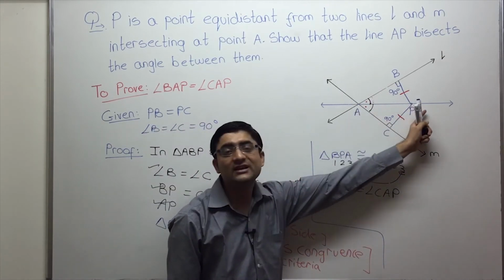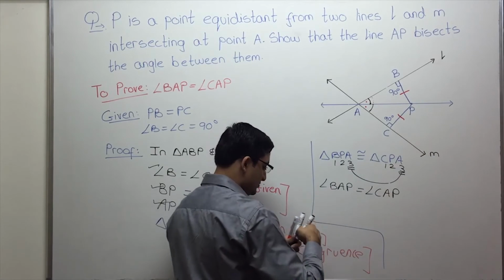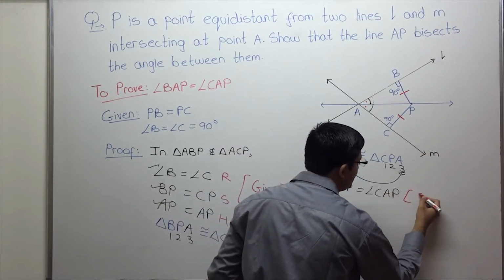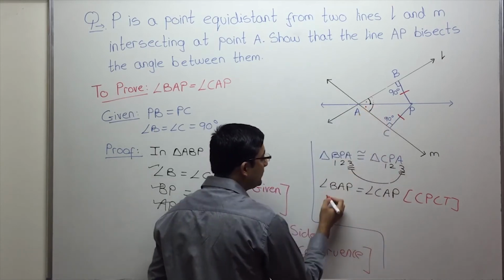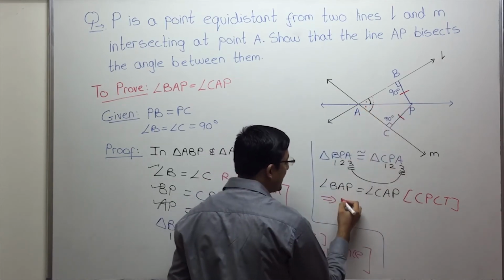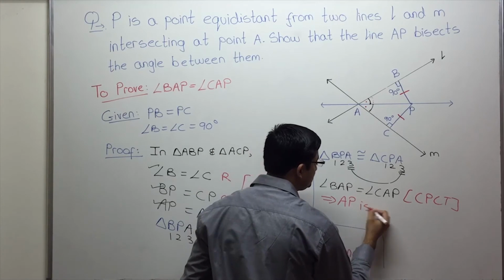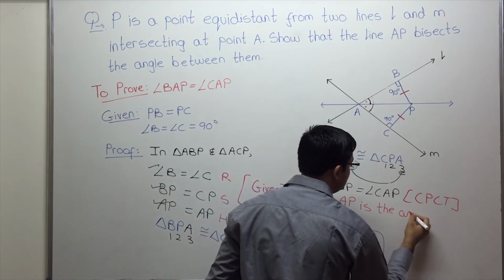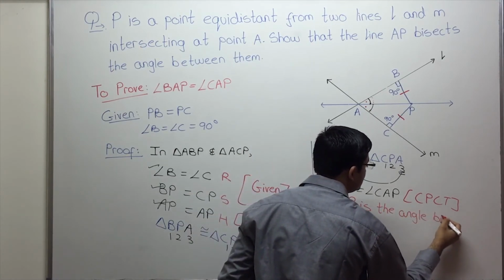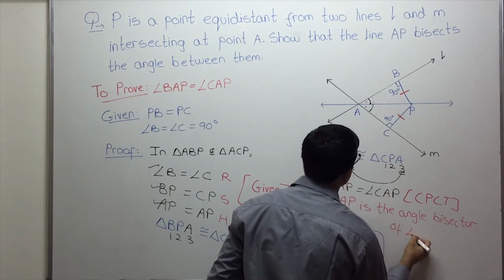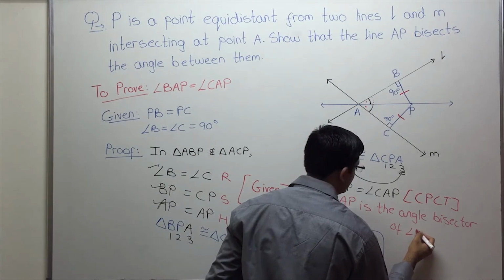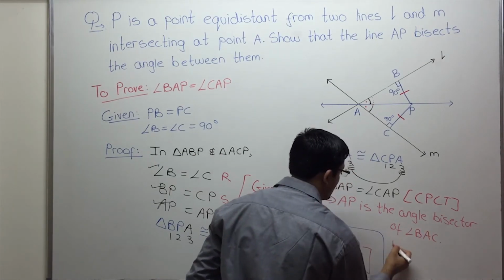That means AP over here is the angle bisector. So first of all, why are these two angles equal? CPCT, corresponding parts of congruent triangles. Because these two angles are equal, this implies AP is the angle bisector. Hence proved.